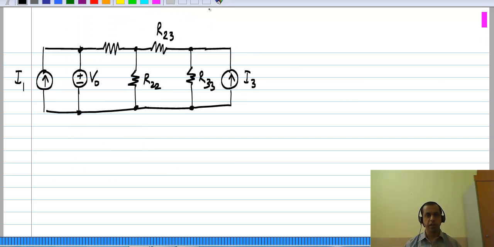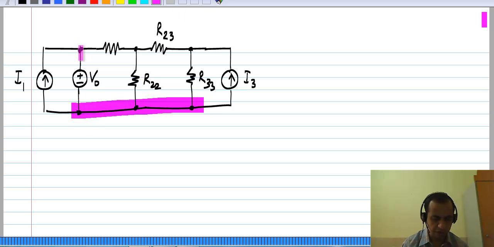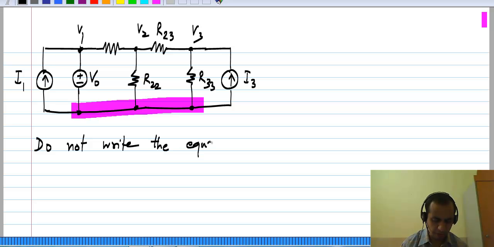Another possibility is in a circuit like this, where a voltage source is connected between a particular node and the reference node. If you see V0 here, this is the reference node. It's connected between this node and the reference node. So what do you do in this case? Now you simply do not write the equation for node 1.